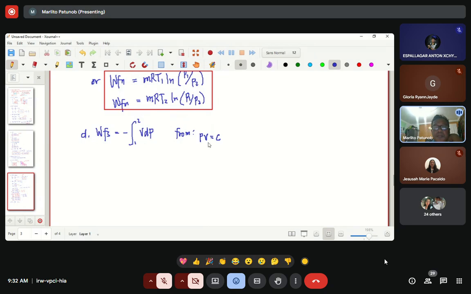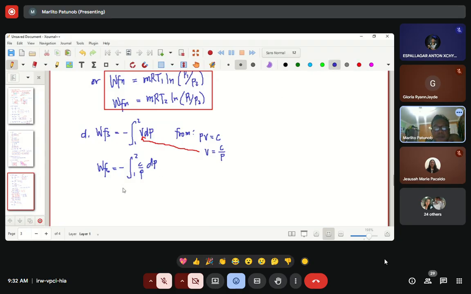So this volume we will substitute, that will be C over P. So your work steady flow is the negative integral from 1 to 2 of C over P dP.